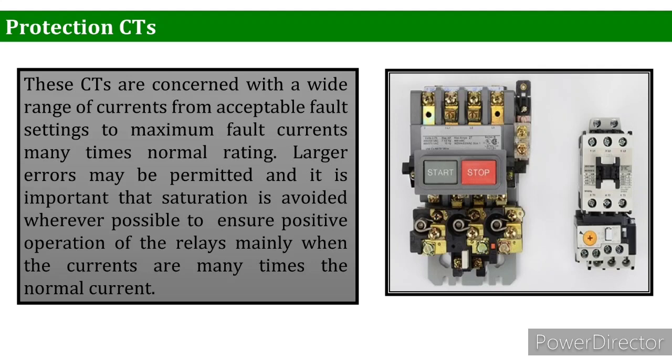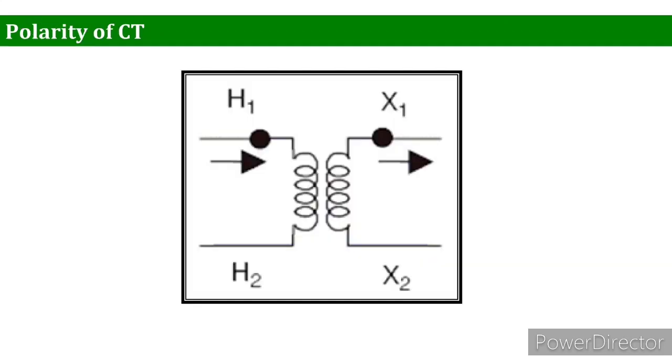Protection CTs are concerned with a wide range of currents from acceptable fault settings to maximum fault currents, many times normal ratings. Larger errors may be permitted, and it is important that saturation is avoided wherever possible to ensure positive operation of the relays, mainly when the currents are many times the normal currents.